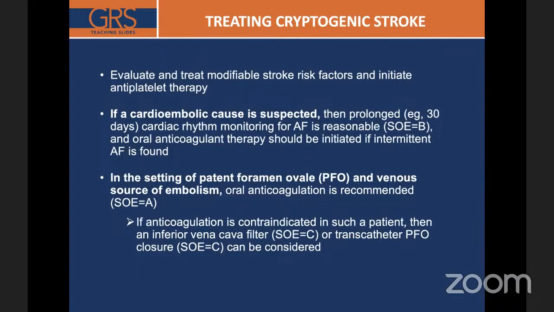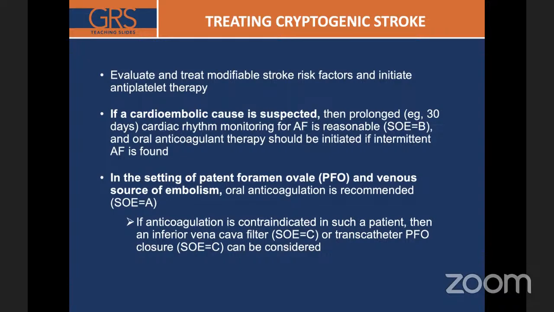Next thing, I'm going to be talking about treating cryptogenic stroke. So first, we need to evaluate and treat the modifiable stroke risk factors and initiate antiplatelet therapy. If a cardioembolic cause is suspected, then prolonged, for example 30 days, cardiac rhythm monitoring for AFib is reasonable.